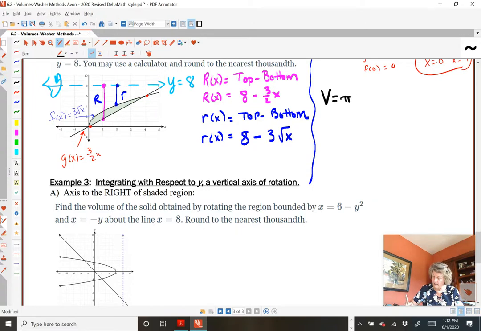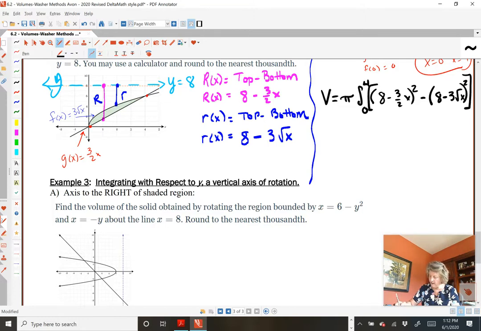Now we're going to get volume equals pi integral 0 to 4, were our intersection points. I need big R squared, 8 minus 3/2 x, quantity squared, minus little r, 8 minus 3 square root x, squared. And then I need to take that and multiply it by dx. I'll slide it right there.